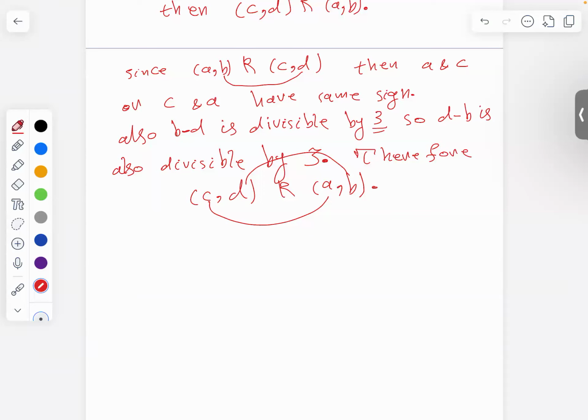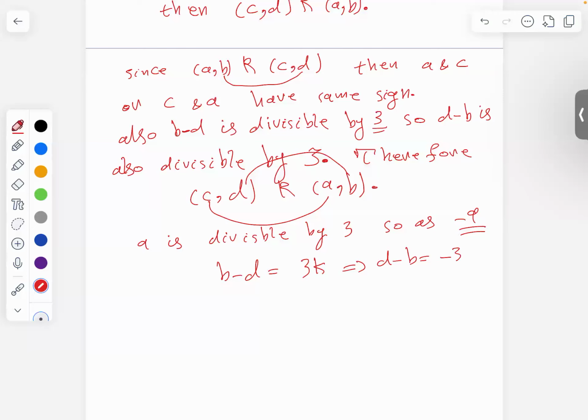You know, if 9 is divisible by 3, so is -9 as well. B minus D is divisible by 3, say 3K. So D minus B is just -3K.